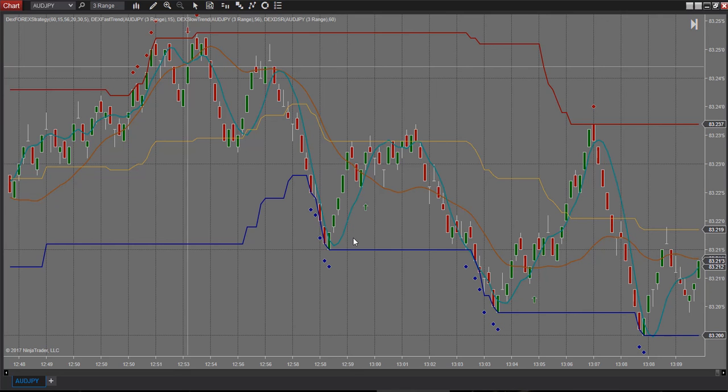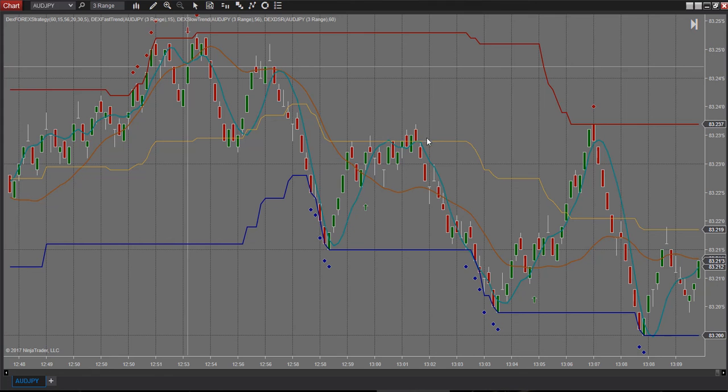Our markers are working. Our diamonds are telling us that it's forming new high, new high, new high, new high. Hitting a lot of resistance up here, tested it one more time, and then there it went. And it formed some new lows down here. Okay, it gave us a long signal here, but it was not a very strong long signal.